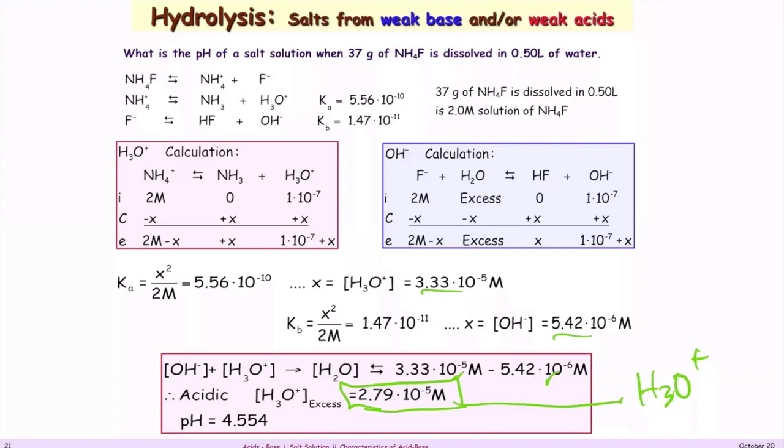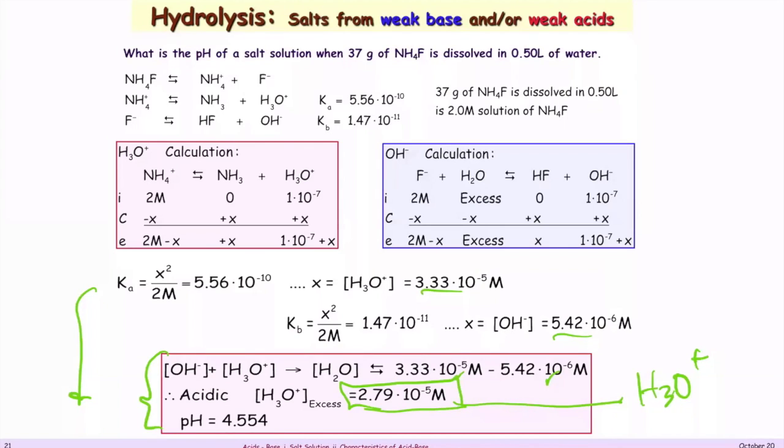This part right here, figuring out what chemical is in excess, that's just general chemistry. Hydronium and hydroxide form water in a stoichiometric ratio. The limiting reagent will get used up and you subtract that amount from the excess.